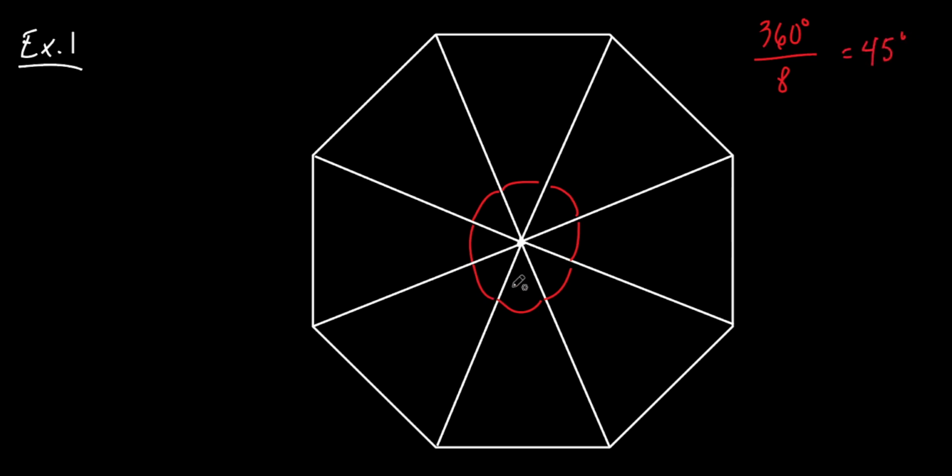So that's kind of interesting, isn't it? That you could figure out that angle without knowing anything else. All you know is it's an 8-sided regular polygon, and you could find that. What if it was a 10-sided decagon, and it was a regular polygon? What would each central angle be? It'd be 360 divided by 10, right? And that would be 36 degrees. Everybody see that?